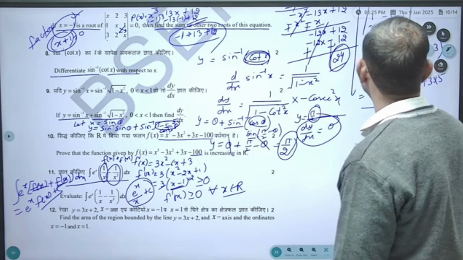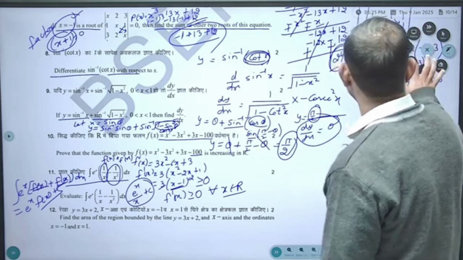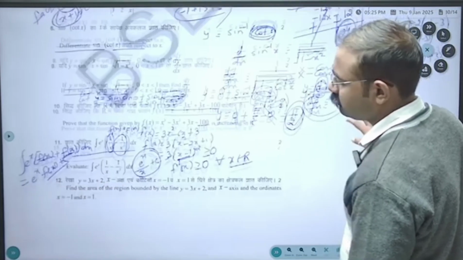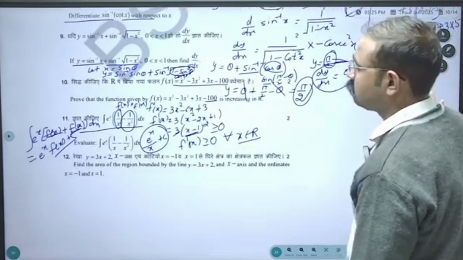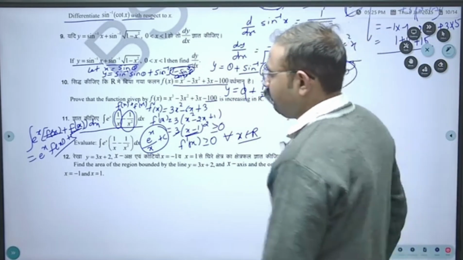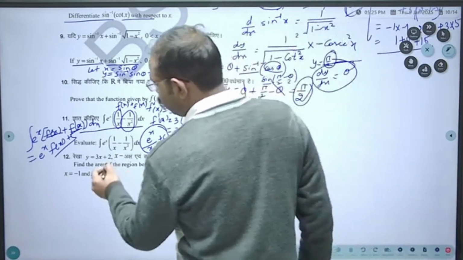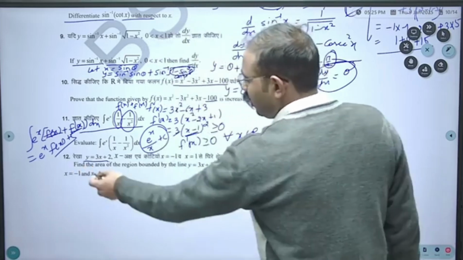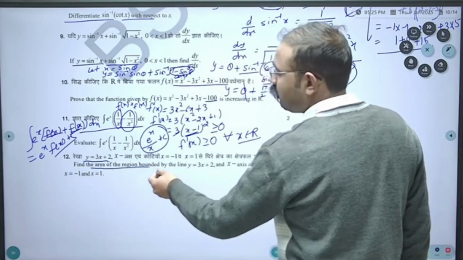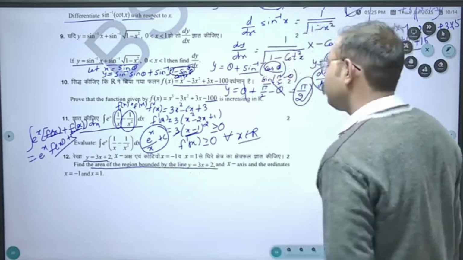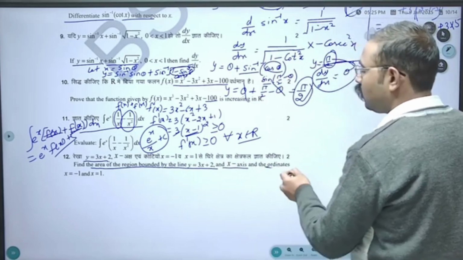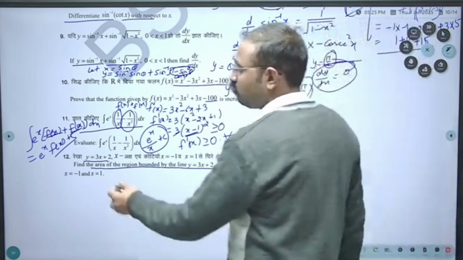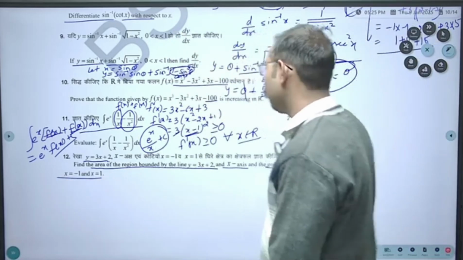Next, we have a line y is equal to 3x plus 2, and we have to find the area of the region bounded by the line y is equal to 3x plus 2, the x axis, and the ordinates x is equal to -1 and x is equal to 1.